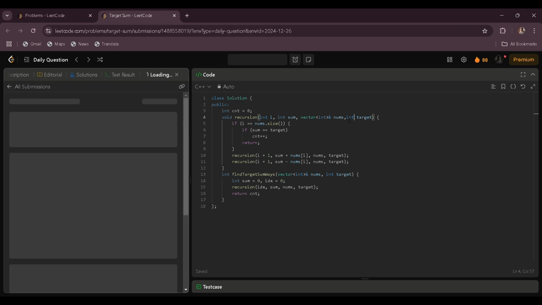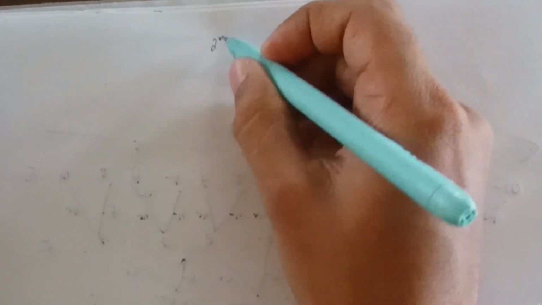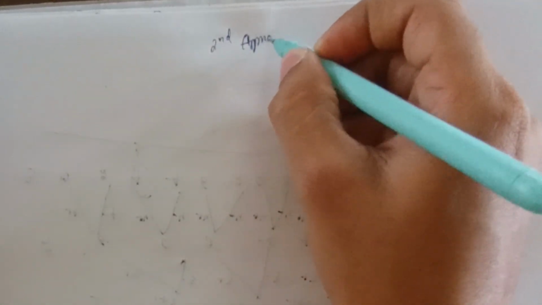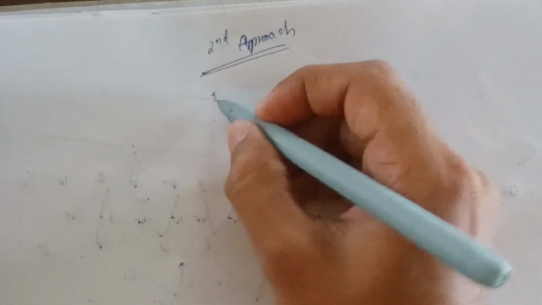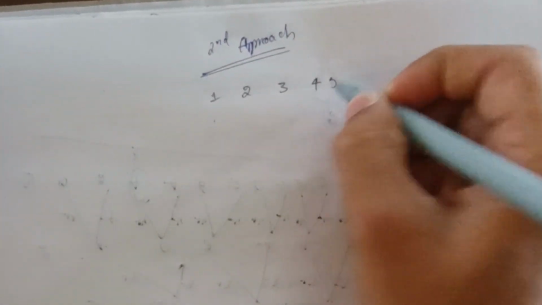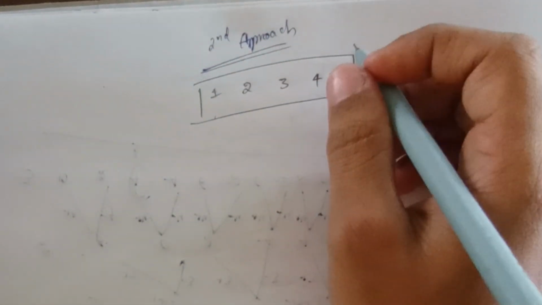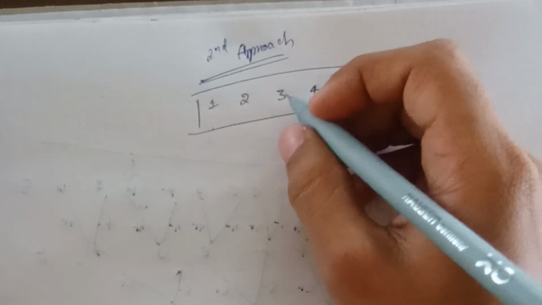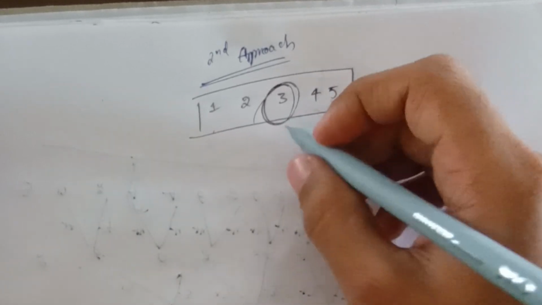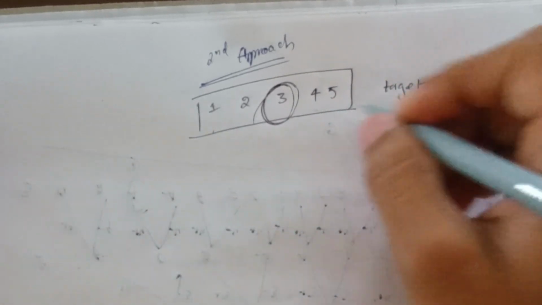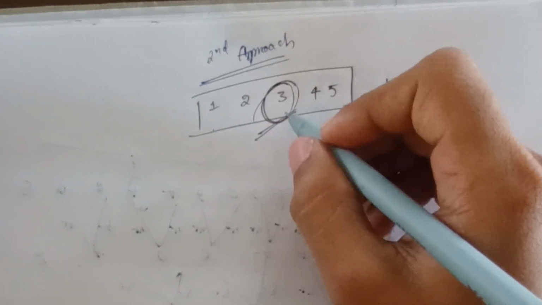Now let us go through the second approach. Let us take an example: 1, 2, 3, 4, 5, and the target given is 3. Consider taking the 3 as the target and making all other elements 0.